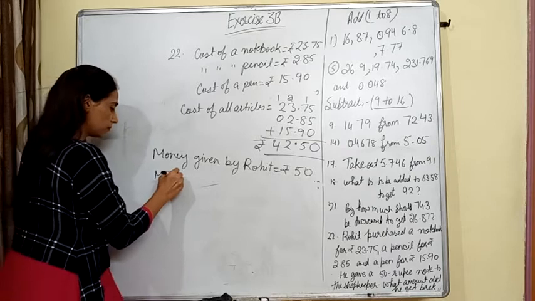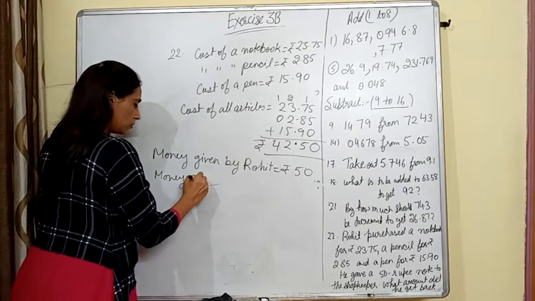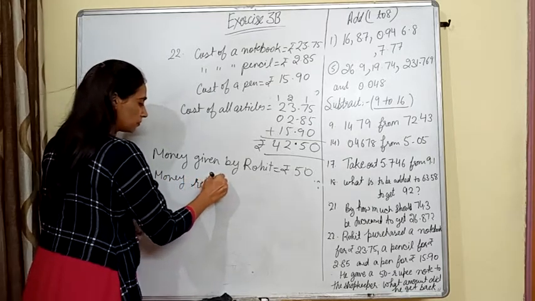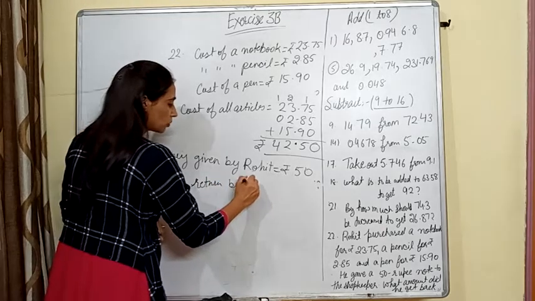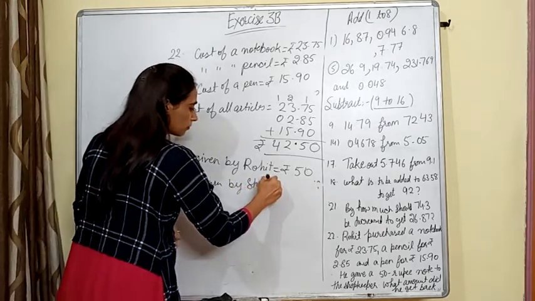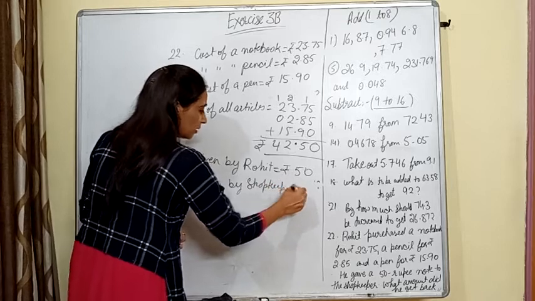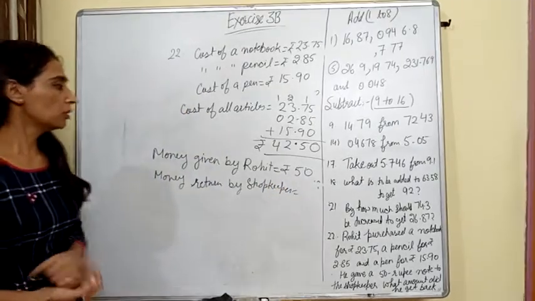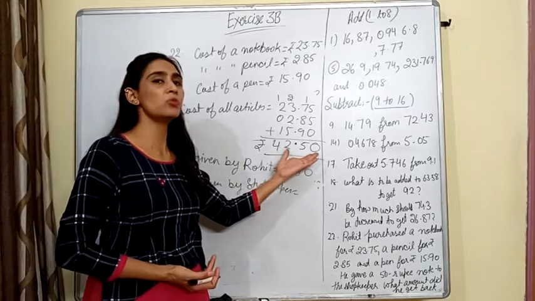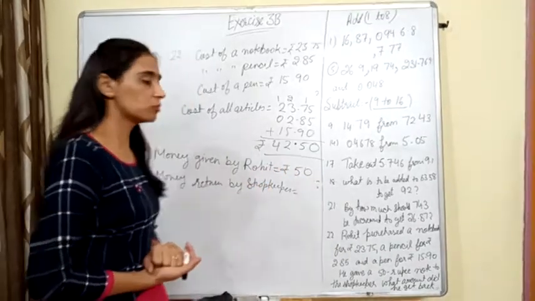How much money will he return? He will subtract 42.50 from 50.